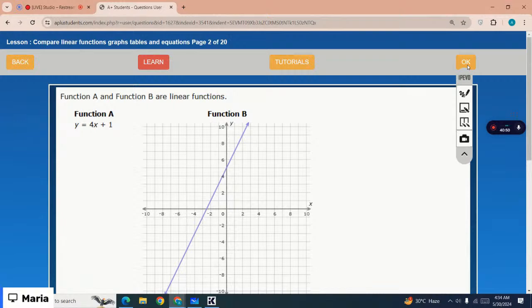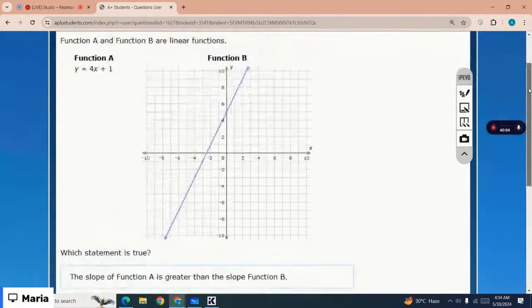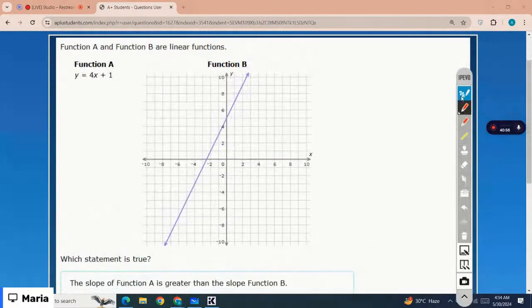So the slope of function A is that is m equals 4. And the slope of function B is 2. That means the slope of function A is greater than slope of function B, right?